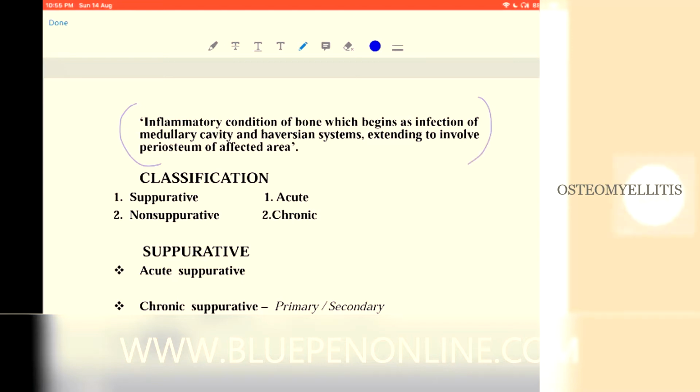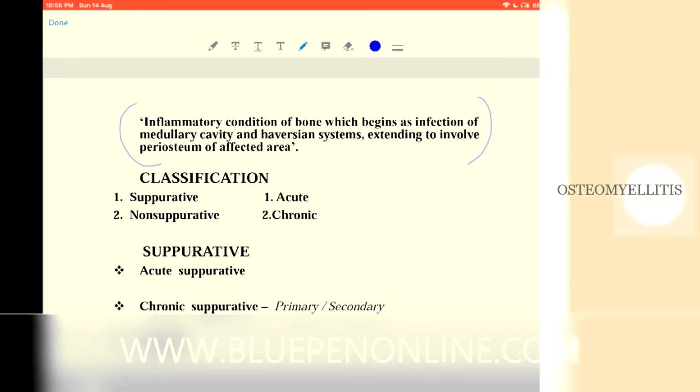You will have a marrow cavity in the center, then Volkmann's canals, Haversian canals, interstitial lamellae, the spongy bone and the compact bone. I hope you remember this from your first year anatomy. Now read this again: inflammatory condition of bone which begins as infection of the medullary cavity and Haversian systems, extending to involve what? The periosteum of the affected area.